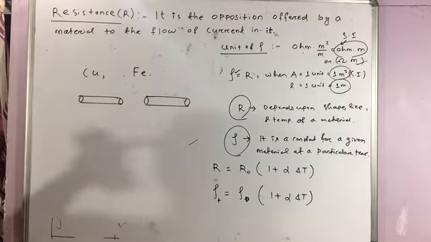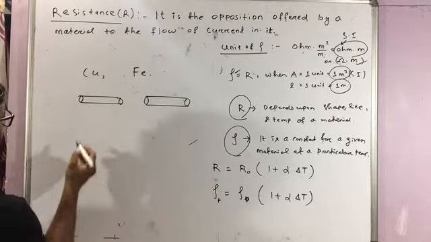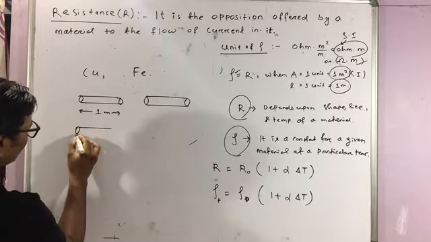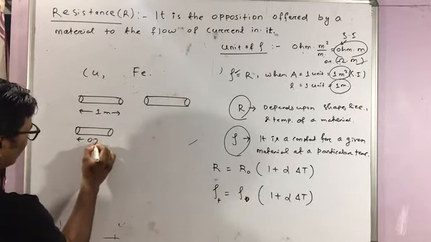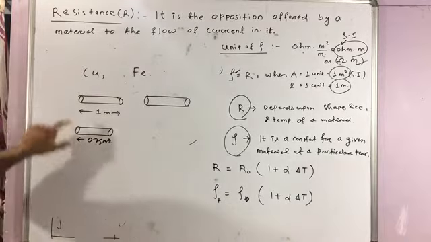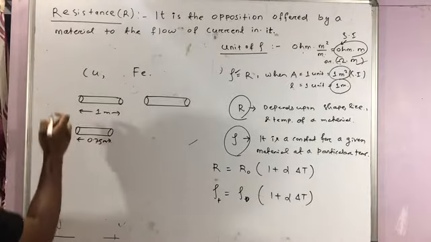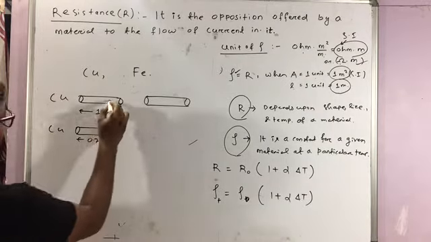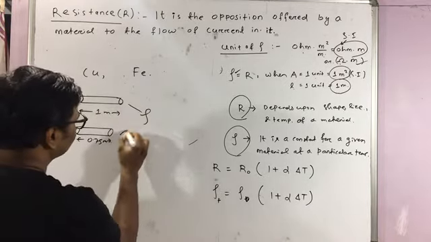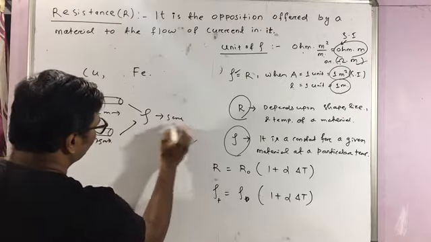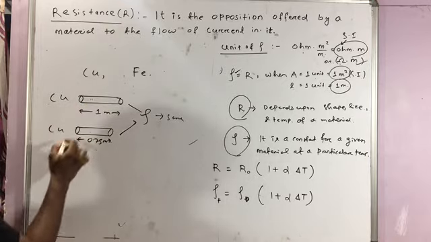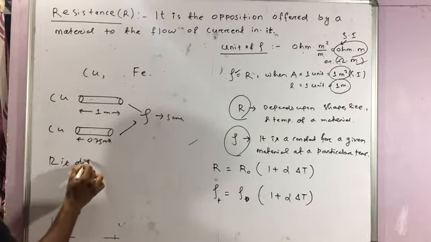Second example: suppose you have a copper wire whose length is, let's say, 1 meter, and another copper wire having the same cross section whose length is 0.75 meter. As the resistance depends on the shape and size, both of these materials are copper, so both have the same resistivity. Rho is the same for both these materials, but the resistance of these two materials is different.